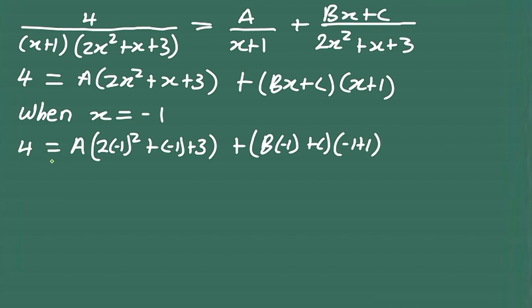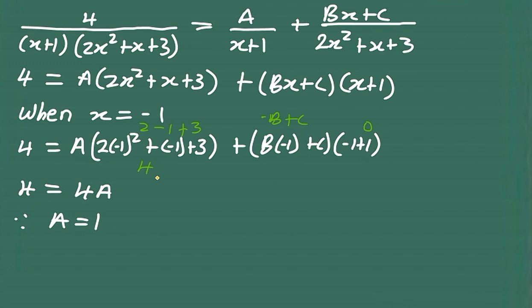This is going to give us 2 minus 1 plus 3, and here we are going to have 0, and this will be minus b plus c times 0. So let's simplify this. 2 minus 1 is positive 1, and positive 1 plus 3 gives us positive 4. So what we are left with is 4 equals 4a, and therefore the value of a equals 1, when dividing through by 4.